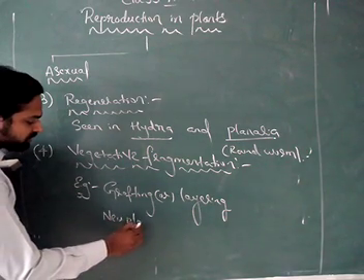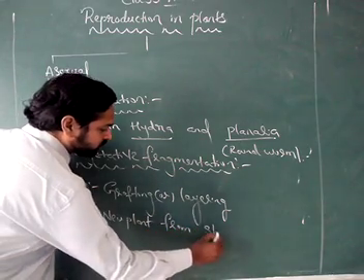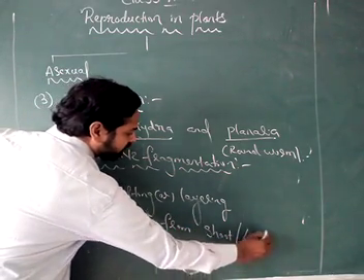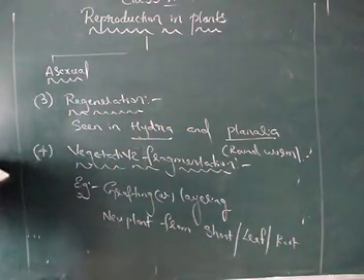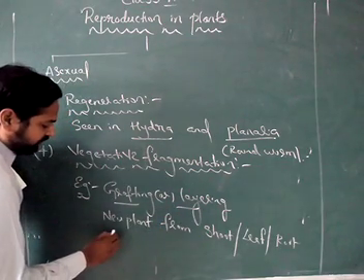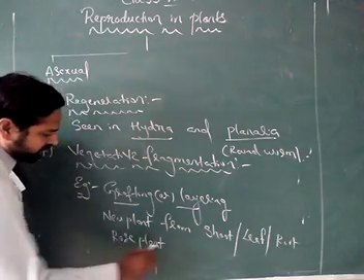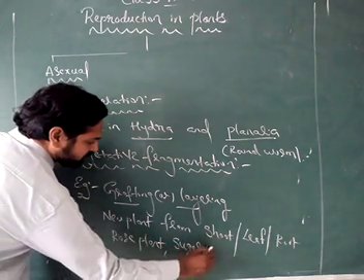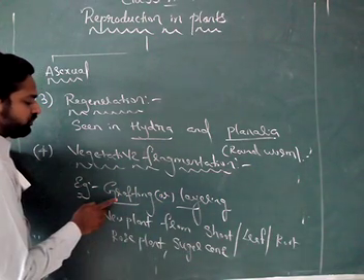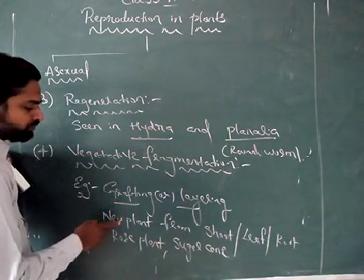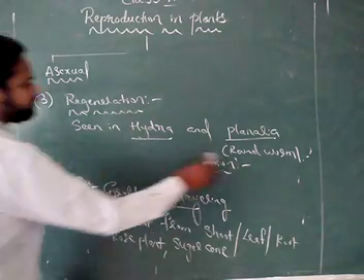The new plant is propagated from either shoot or leaf or root. The plants that show grafting or layering are the rose plant and sugarcane. We are producing the new plant from shoot or leaf or root.